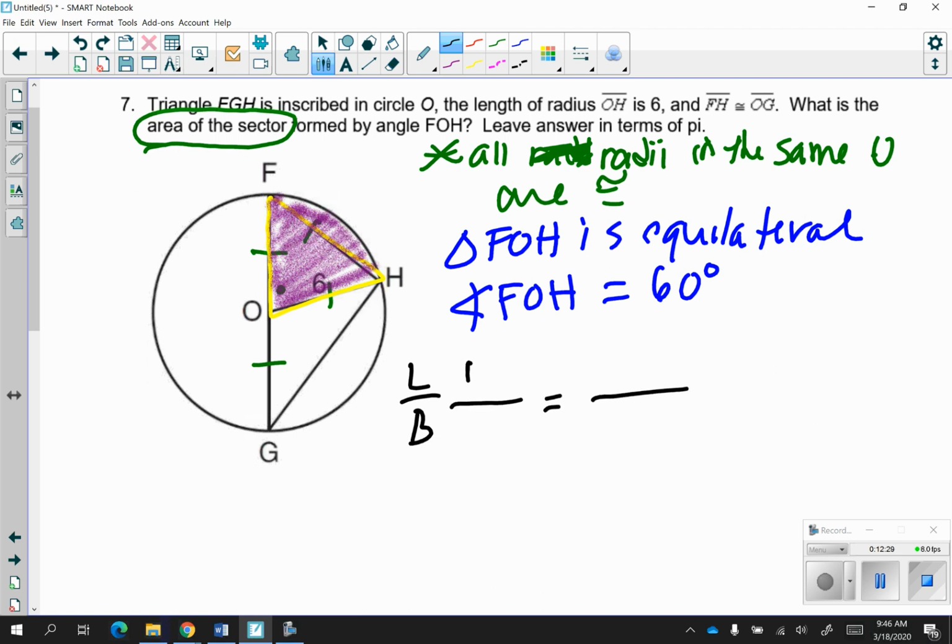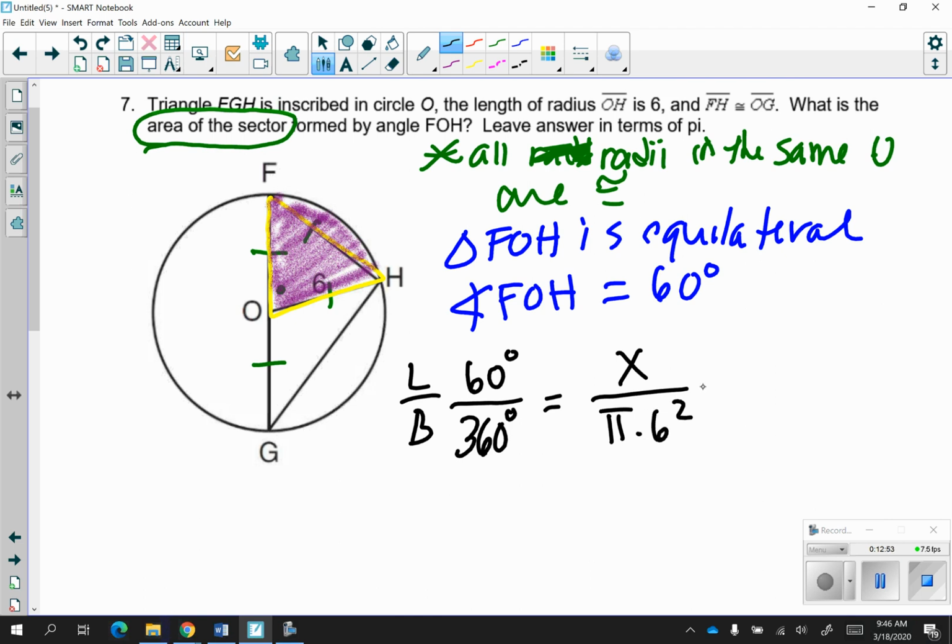I do. It's 60 degrees out of 360 degrees. Do I know the area of the shaded sector? No, that's what they're asking for. Over the area of the circle, which is pi times the radius squared.